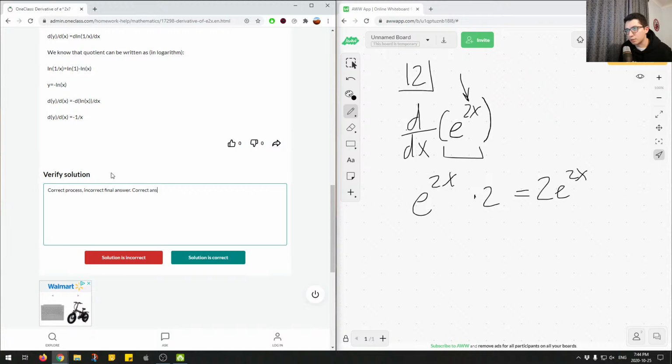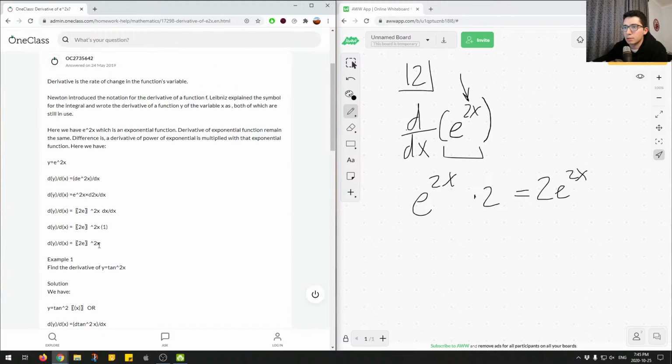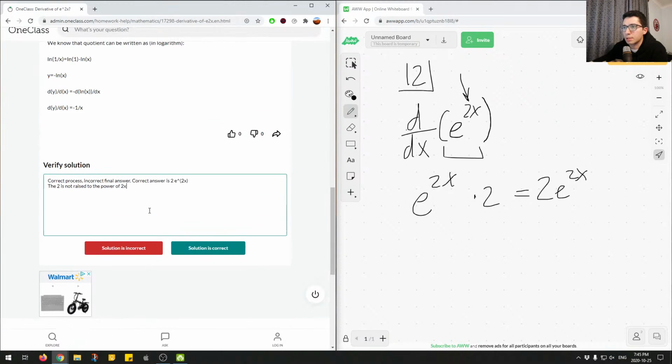The correct answer is 2e to the power 2x. The 2 is not raised to the power of 2x. Okay, we'll mark this as incorrect. Let me just double check something. Yeah, we'll mark this as incorrect.